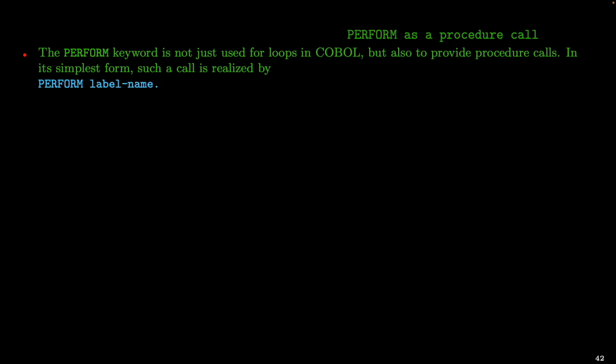More interesting than goto is perform as a procedure call, and you recall we just used it for loops in COBOL, but we can also use it for procedure calls. And in the simplest form of such a procedure call, you simply have perform label name, so either a paragraph or a section name.